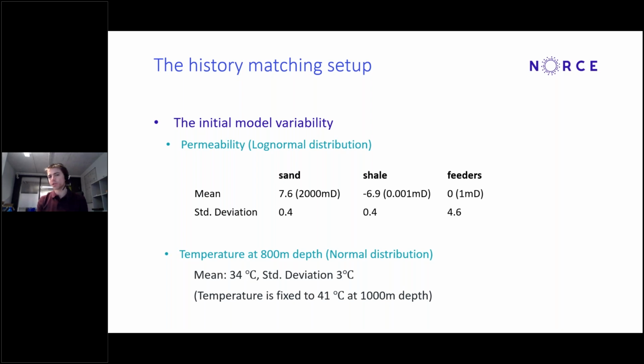For the feeders, we used a very large deviation so that they could act both as a barrier, like a shale layer, and as highly permeable chimneys. And it was up to the history matching routines to calibrate this. We also decided to vary the temperature at the top, and the temperature is fixed at the bottom at 41 degrees.